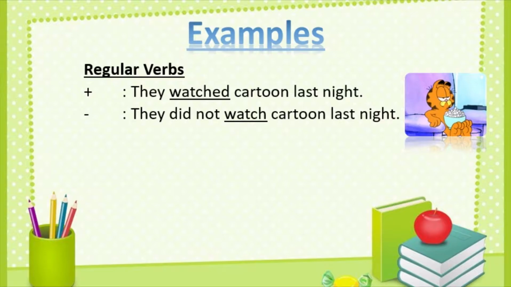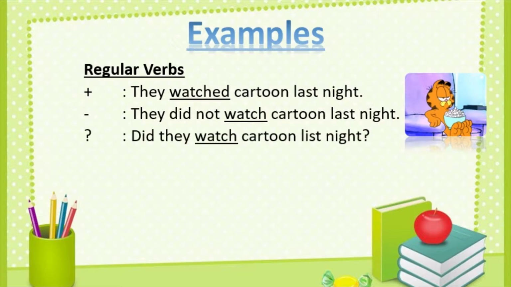The positive uses the past tense verb, and then for the negative, you use the base form. You cannot use ed. Okay? And the interrogative sentence, did they watch cartoon last night? Same as the negative. Watch, watch.